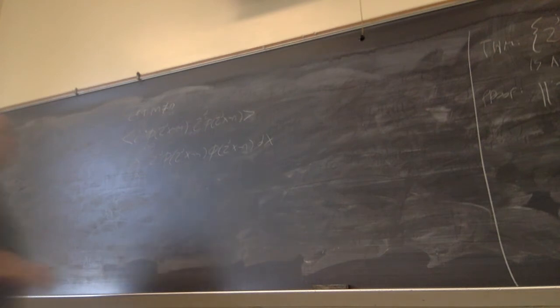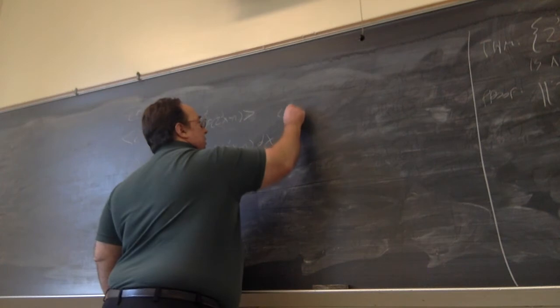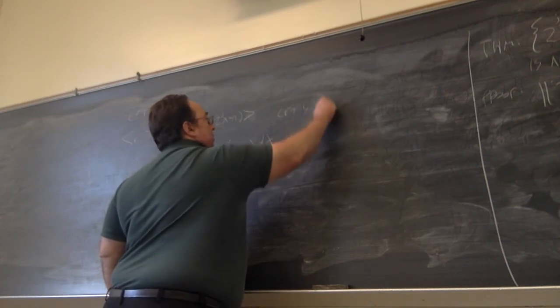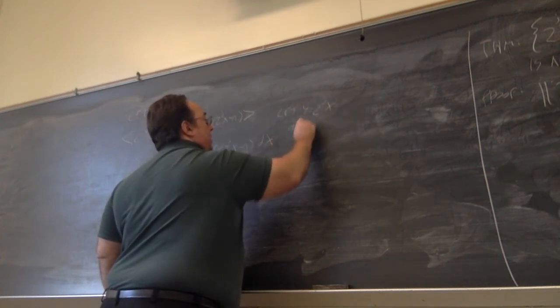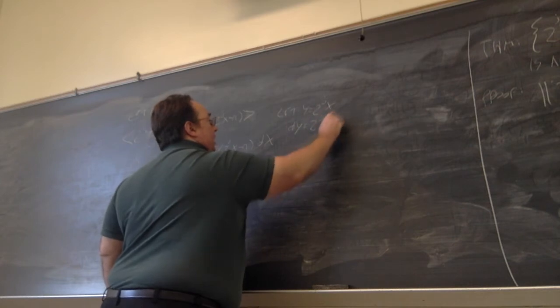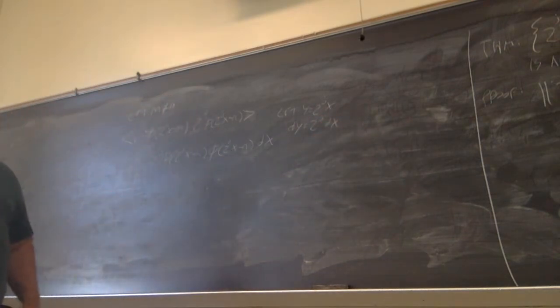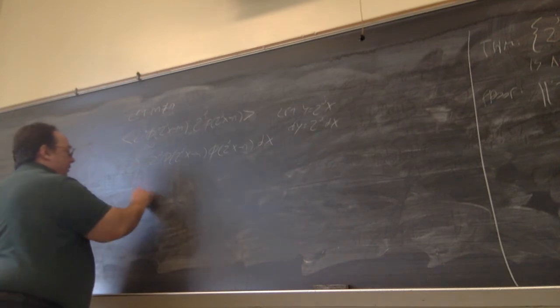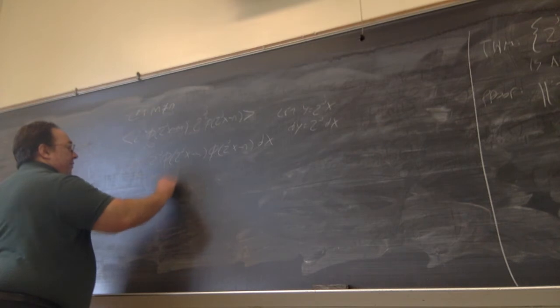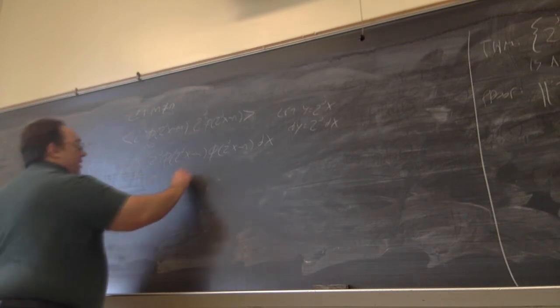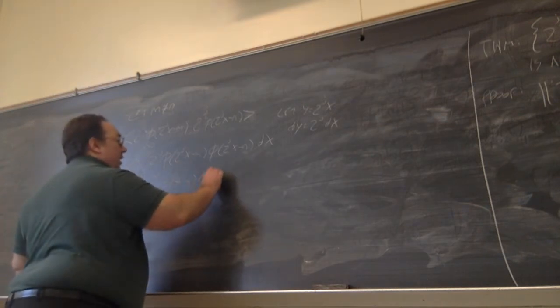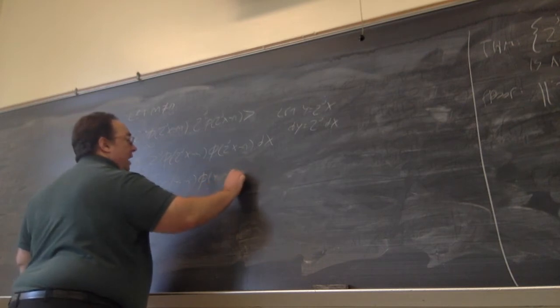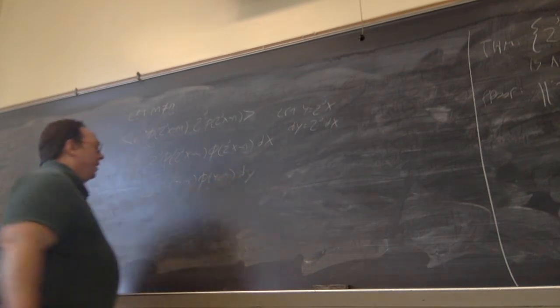So I let y equal 2 to the j x, so dy is 2 to the j dx. So the 2 to the j gets swallowed up by the change of variable and absorbed into the dy. So now I have phi of y minus m, phi of y minus n dy.